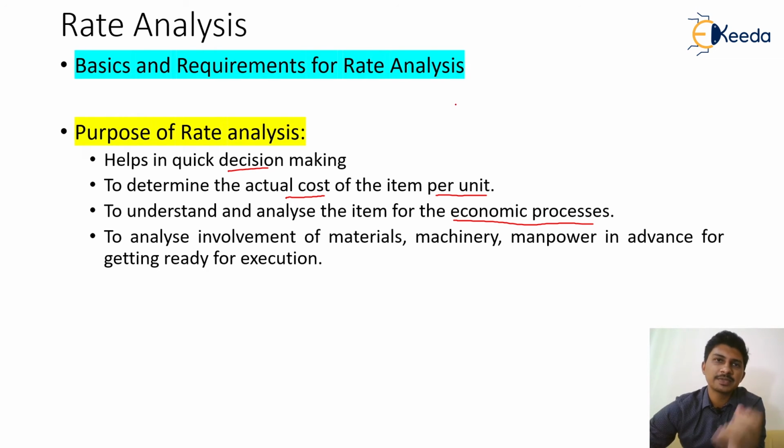So this is the amount of cement I have available on a site, and there are two different activities that the cement is needed for. So what I can do, whether I can provide for the critical activity or the simple activity which is not critical. So that analysis can be done with the help of this, that helps me find out which activity I should focus more on. And then it helps to analyze the involvement of the materials, machinery, manpower, etc. in advance for getting ready for the execution, as we have discussed.